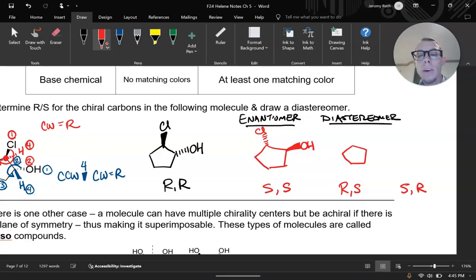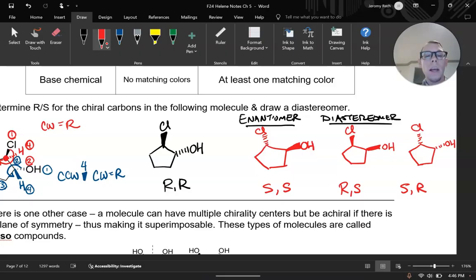My RS is going to keep the same R, so a wedge to a chlorine, and then I'm going to change my stereochemistry to make that into an S, which would be a wedge to my alcohol. And then the opposite, which would be my SR, is going to be a dash and then a dash.